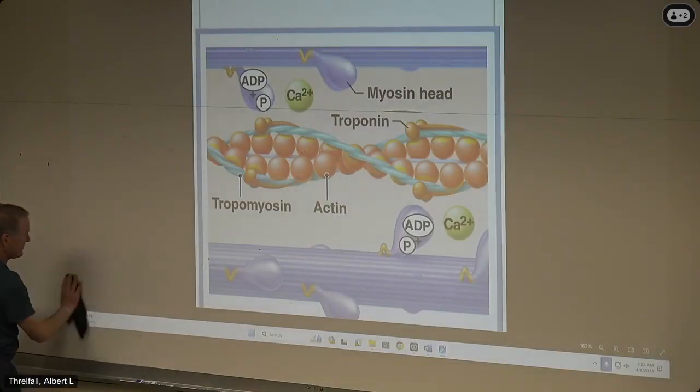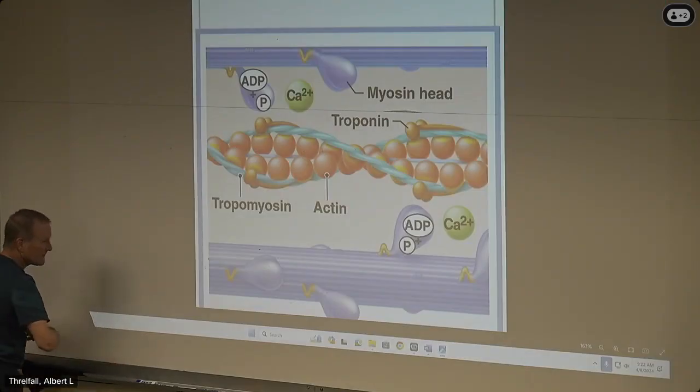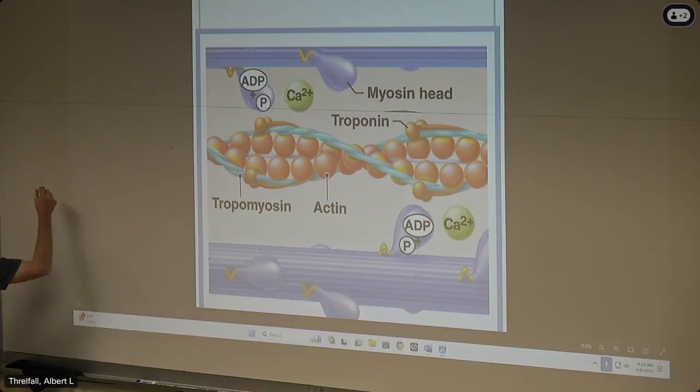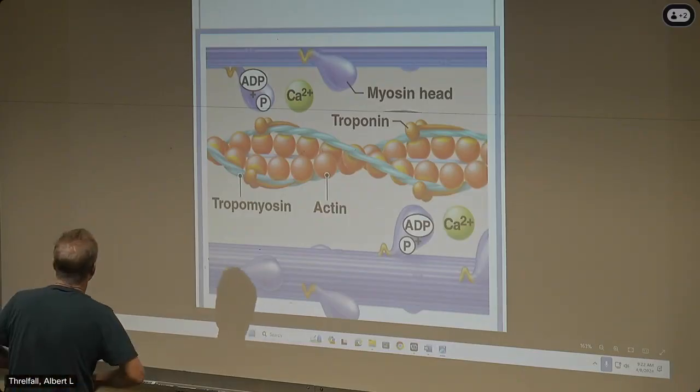About the time here, but I'll give it a shot. Okay, so this is for context. Roman numeral 12, molecular events of contraction.